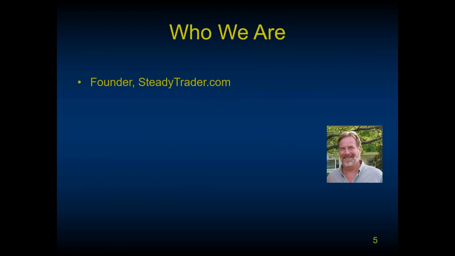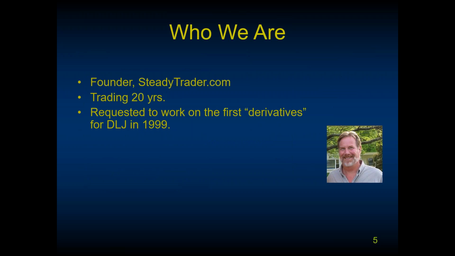A little bit about me. I'm the founder of a website called steadytrader.com. Been trading about 20 years. I started when online trading actually just started up, I guess in the late 80s, early 90s. Actually I was in talks with DLJ to work on derivatives for them because they found out I was a math geek, but I just went on to be a consultant to various trading system providers.